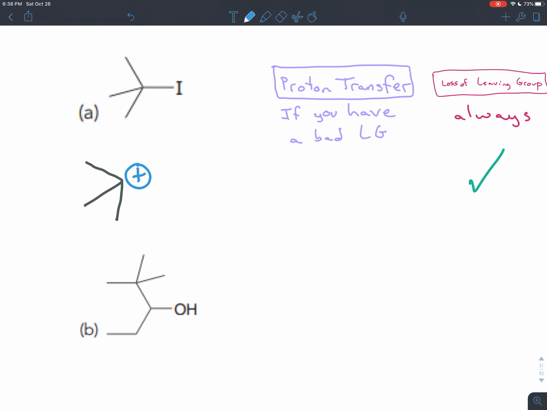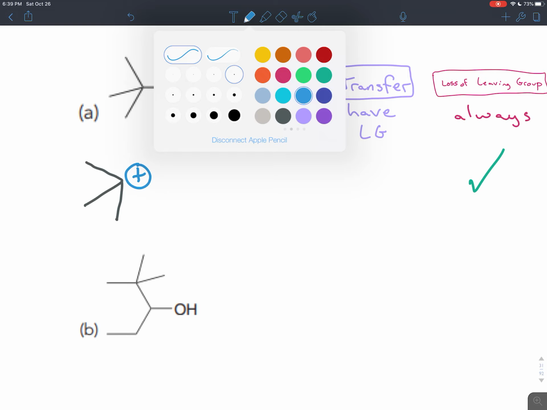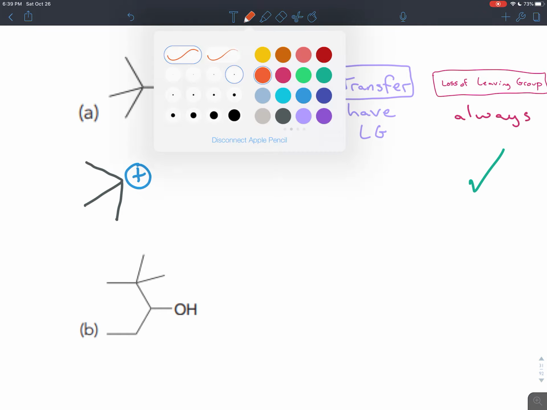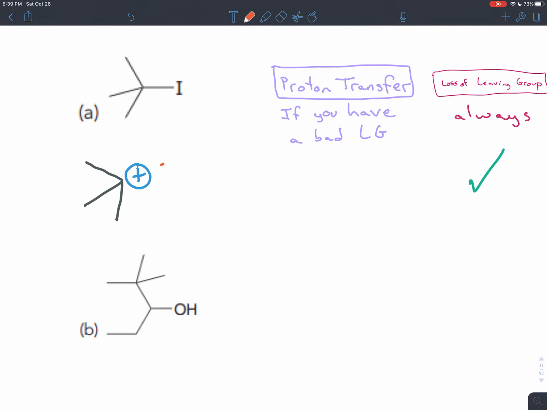What type of a carbocation is it? This is bonded to 1, 2, 3 carbons. So that is a tertiary carbocation. Next door, this carbon is just bonded to 1, so it's primary, and that's the same for these others.